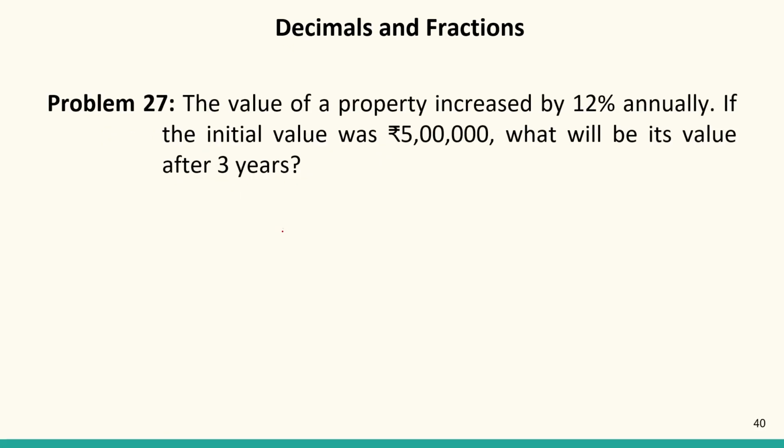So problem number 27. The value of a property increased by 12% annually. If the initial value was 5 lakh, then what will be its value after 3 years? The value of the property is increased by 12% annually.